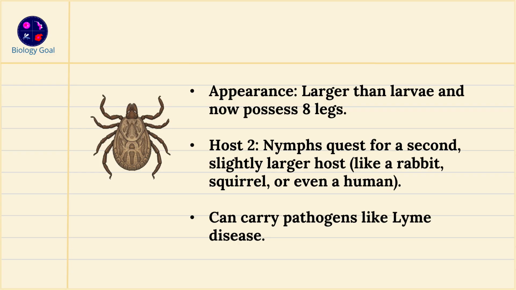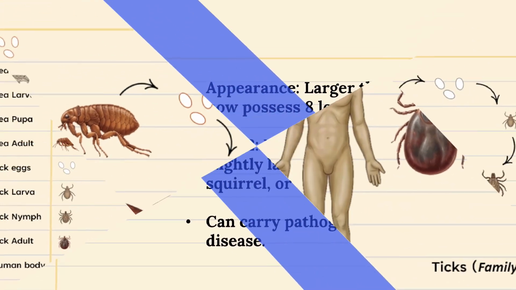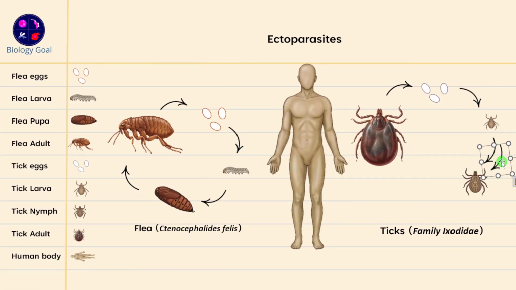And nymph will have bigger hosts like rabbits, squirrels, or even humans. It becomes very, very dangerous because this stage can carry the pathogen for Lyme disease. If it goes unnoticed, it becomes dangerous. And then it's going to further molt and develop into the adult, which is again this scary looking bug over there.